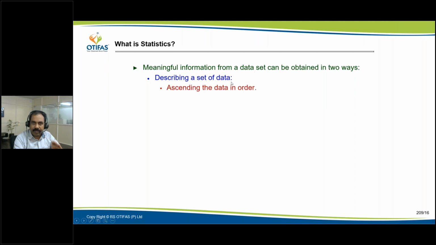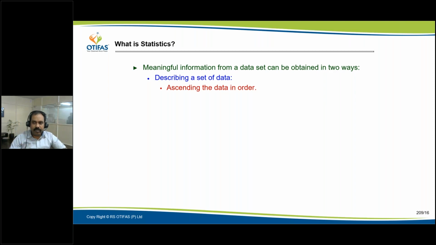One is describing a data set. The first thing is, if you want to get any information from a set of data, there can be two ways of getting it. One is describing a set of data. The best simple method of describing data is to make it in ascending order. You get a set of data, marks data, just make it ascending order.